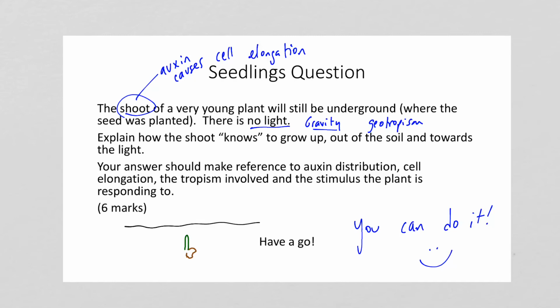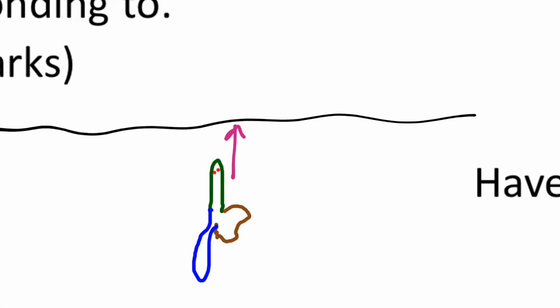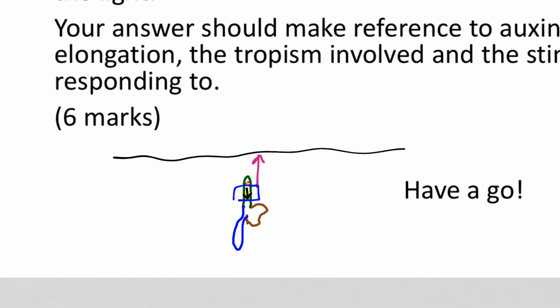And we'll do the root in blue. So how does it know to grow up? You're going to get your auxins coming here, and they're going to move down with gravity, which is then going to lead to cell elongation here, and the shoot is going to grow up.